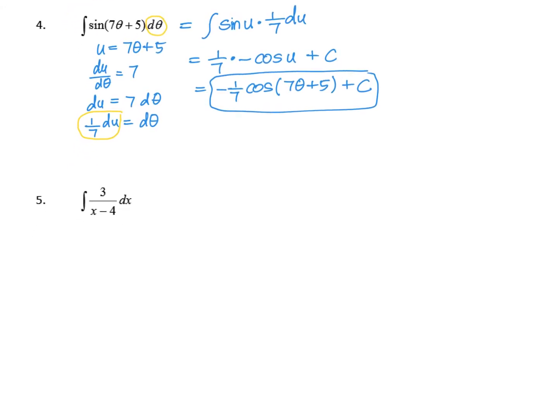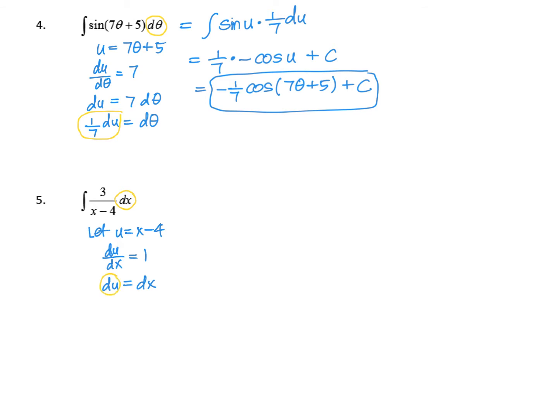Well, number 5, it would be nice if this denominator right over here was just one variable, like say u. So we're going to let u here be x minus 4. So then right away you take the derivative, du dx equals 1. So du equals dx. So this dx is going to be replaced by du because dx equals du.